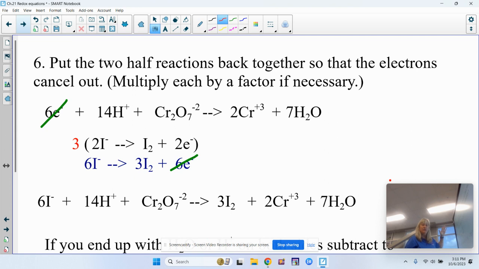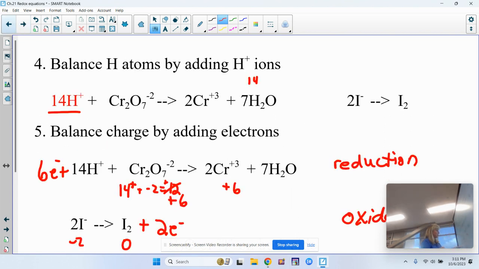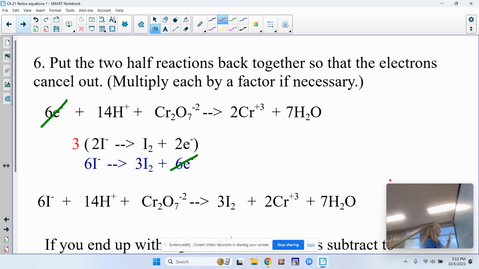When I want to put the 2 half reactions back together, the electrons have to cancel out. So in the one I just was doing, I had 2 electrons only in this one and 6 electrons going into this one. So I have to balance the electrons by multiplying this reaction by 3, which will multiply all the way through.